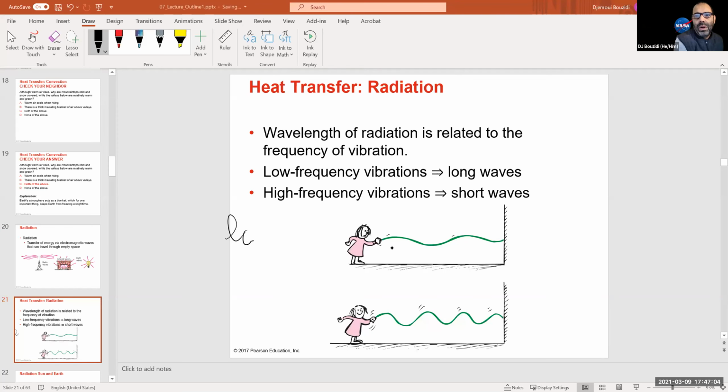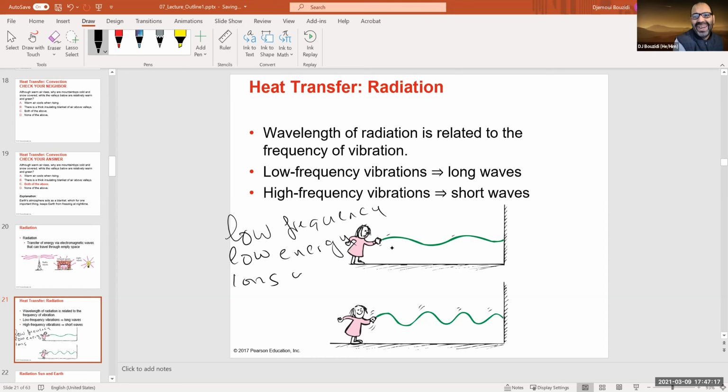So here, low frequency, low energy. This is item 2 of the discussion, by the way. Long wavelength. This is the wavelength for this wave, okay? It's in meters.